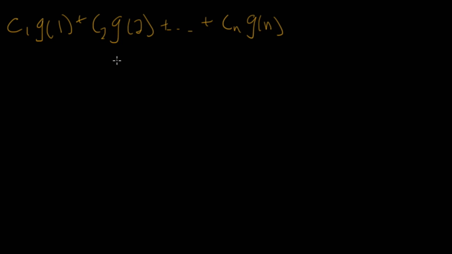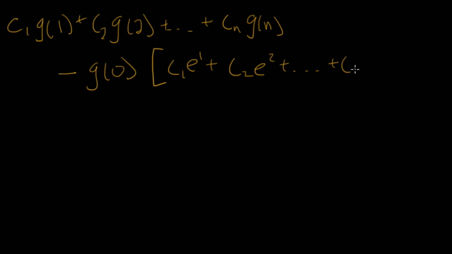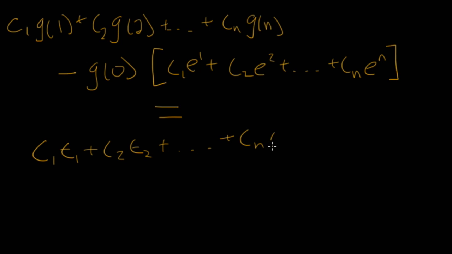Now when we simplify that all down, we get that c sub 1 times g of 1 plus c sub 2 g of 2 plus all the way to c sub n g of n, minus g of 0 times c sub 1 e to the 1 plus c2 e squared plus c sub n e to the n, and that all equals c1 times epsilon 1 plus c2 epsilon 2 plus all the way c sub n epsilon n.